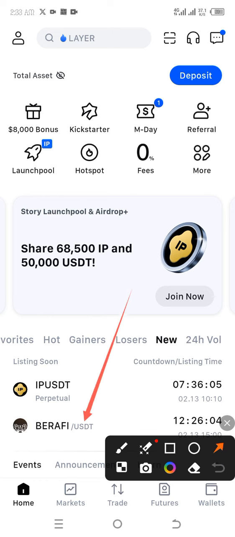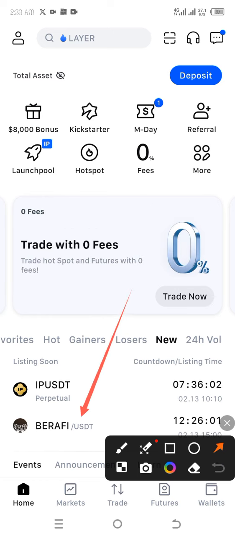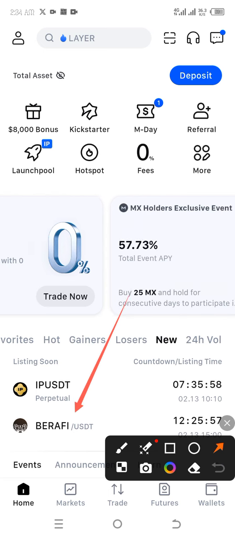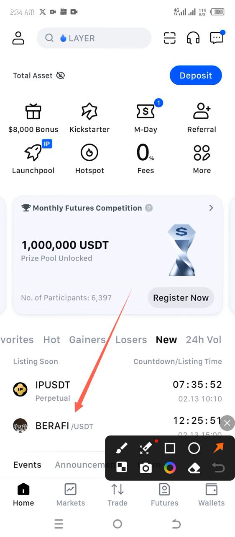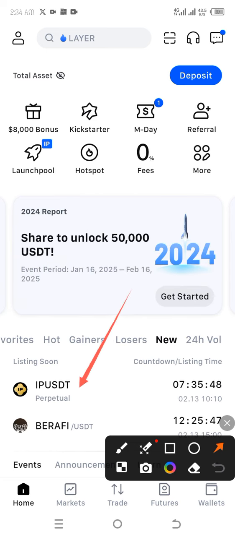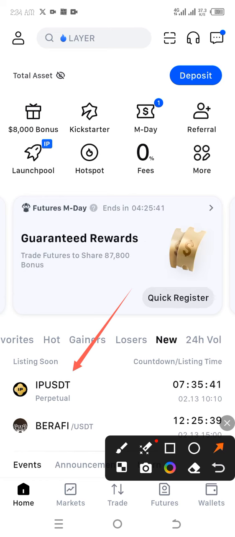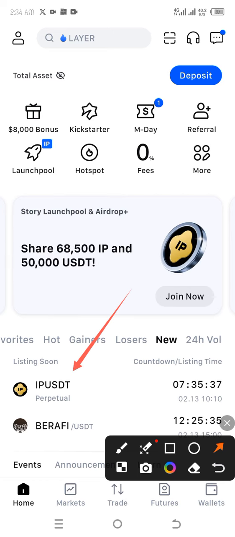If there is no perpetual, that means we are not interested in trading that coin, except if the coin is not yet listed on any other exchange and another exchange is going to list it. But let's just focus on futures trading, which is perpetual. I am only trading new coin. I'm not trading any other coin. All these coins that have been listed before, I am not interested in them. I am only trading new coin.